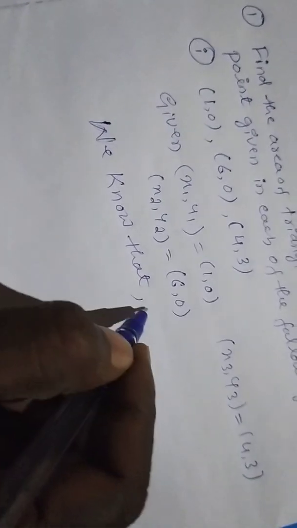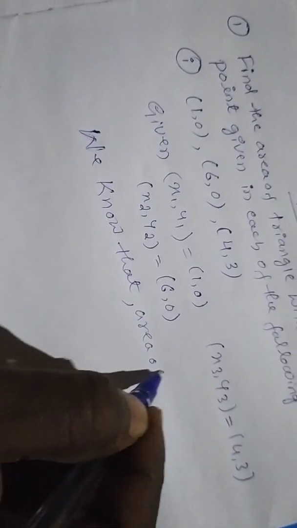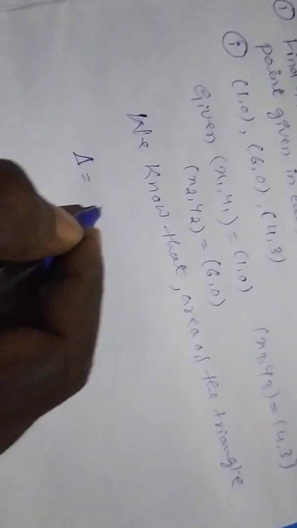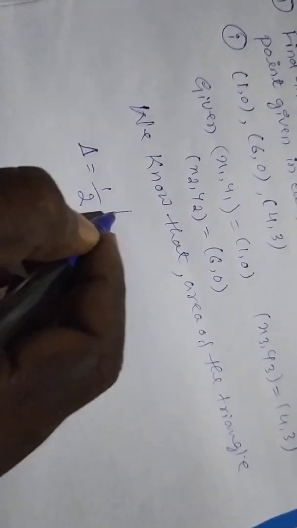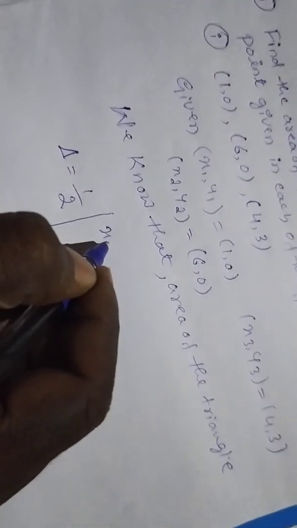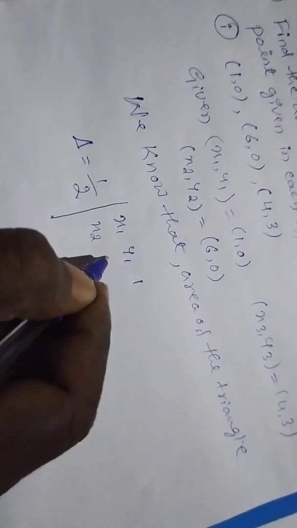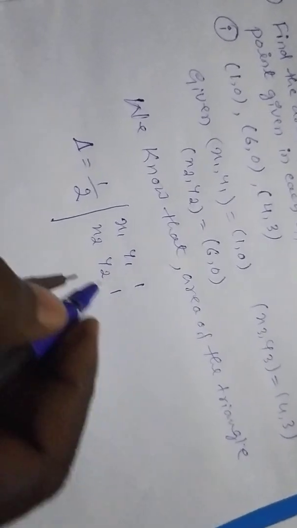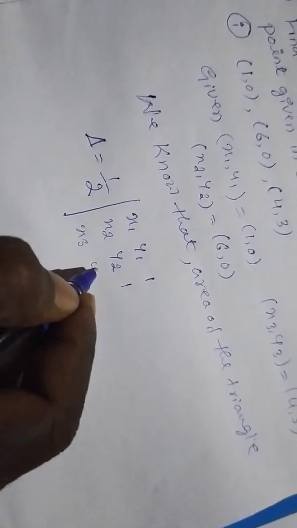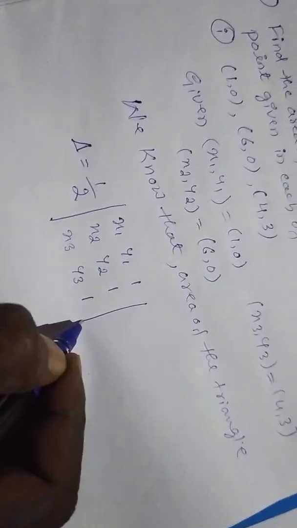So we know that the area of the triangle delta equals half into the determinant of x1 y1 1, x2 y2 1, x3 y3 1.